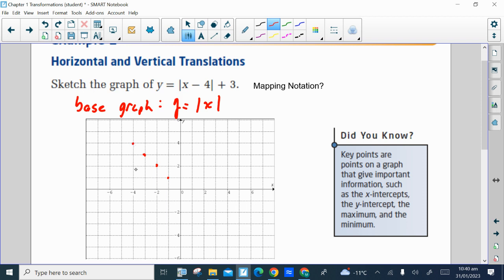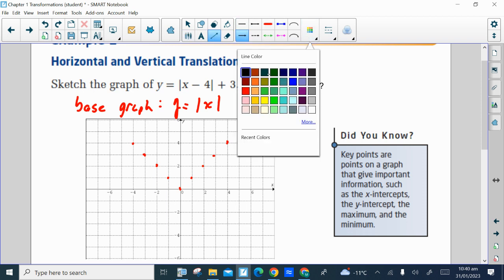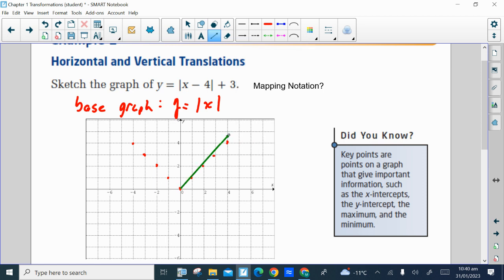So it goes through -4, comma 4, -3, comma 3, 0, comma 0, 1, comma 1, 2, comma 2, 3, comma 3, 4, comma 4, and so on. Again, essentially, it is a big V. That's what it looks like.